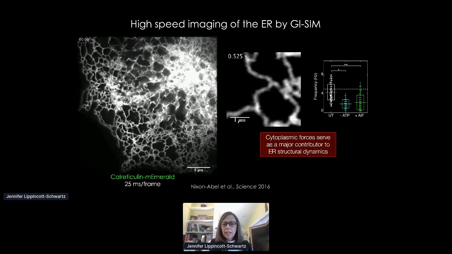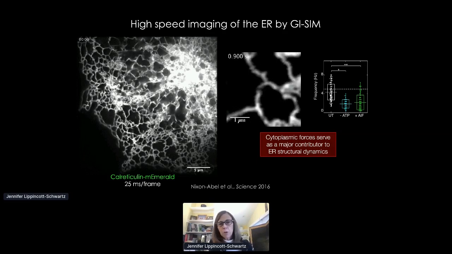Now, looking at the effect of inhibitors like ATP depletion or GTP depletion, we could conclude that cytoplasmic forces must be in some way mediating this process.